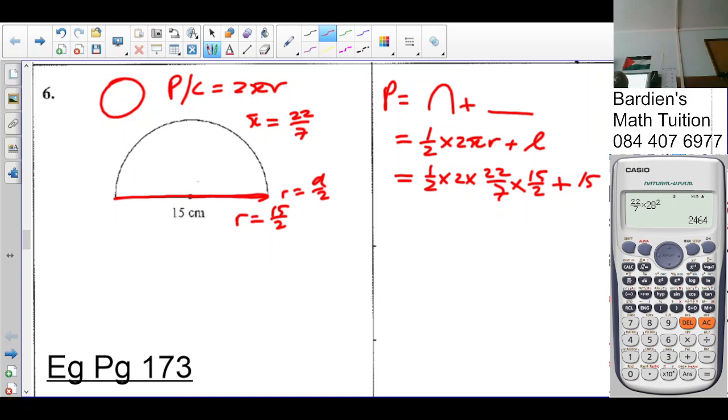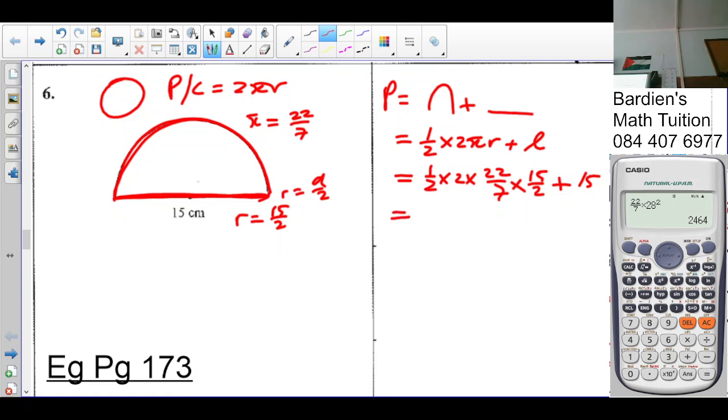You guys understand? So again, to calculate the perimeter, it's going to be that arc plus this length here. Remember, that's half a circle, a semicircle, so it's going to be half 2 pi r, plus that length of 15.